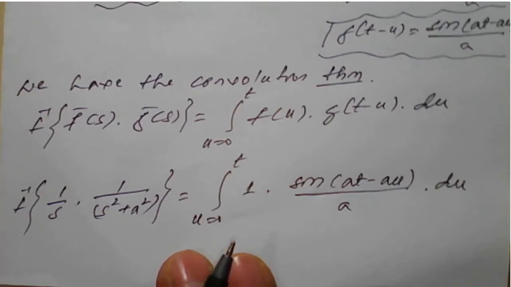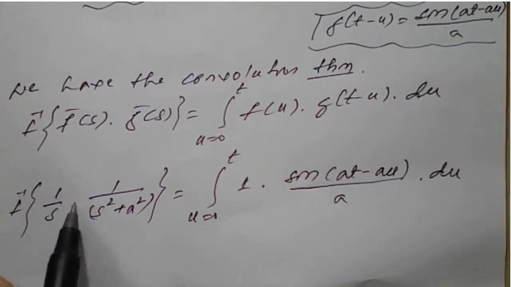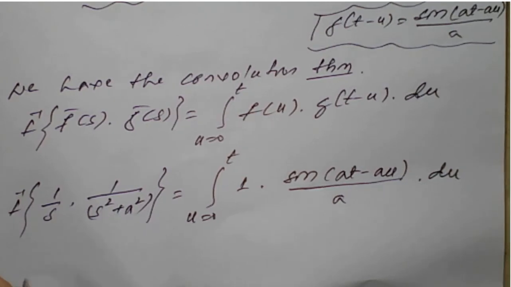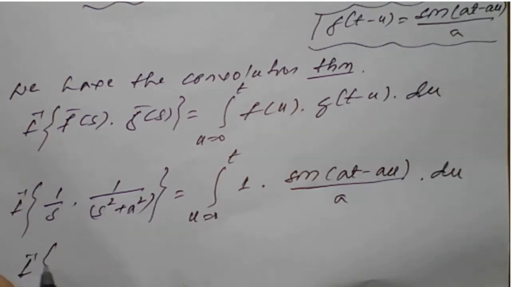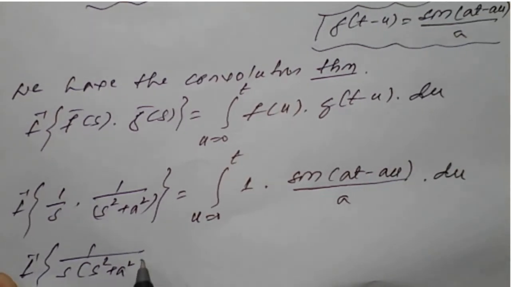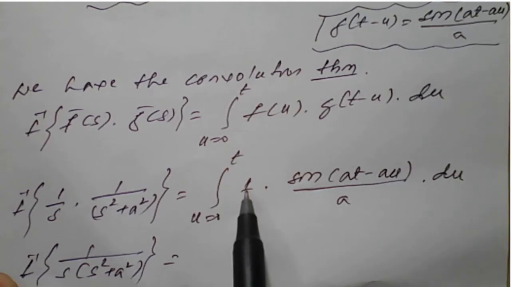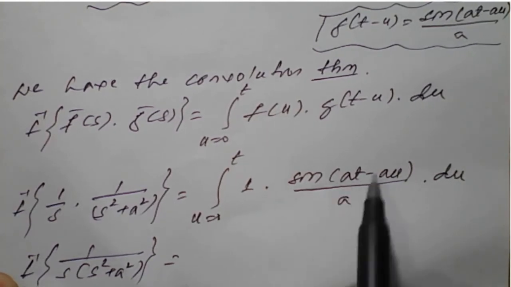So as we know, inverse Laplace of 1 upon s into 1 upon s square plus a square is nothing but inverse Laplace of 1 upon s into s square plus a square, which is our required quotient itself. But here, 1 into anything is again the value.